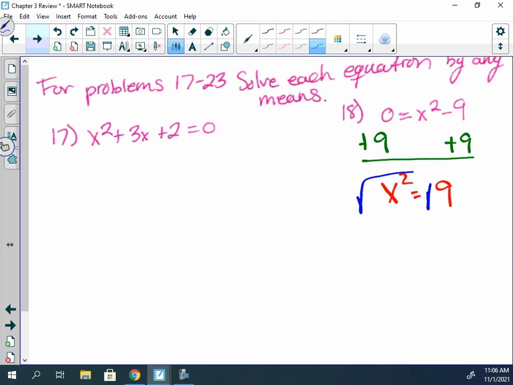Then we would square root both sides, because the square root of x squared is just x, is equal to positive negative 3, or plus or minus 3. And that's it. Could we have graphed this? Well, yes. That would have worked too. We could have actually used any one of these methods and got the answer. Any other questions on 17 or 18?